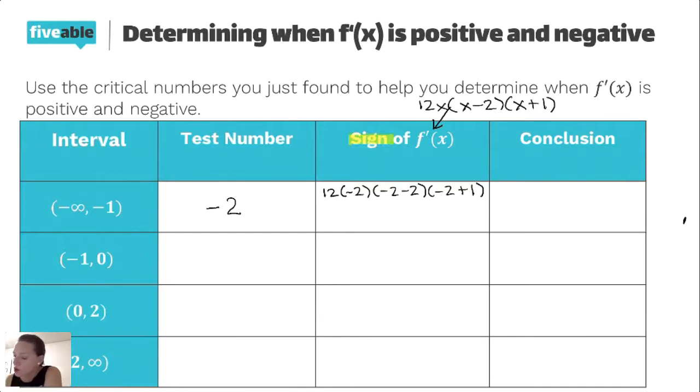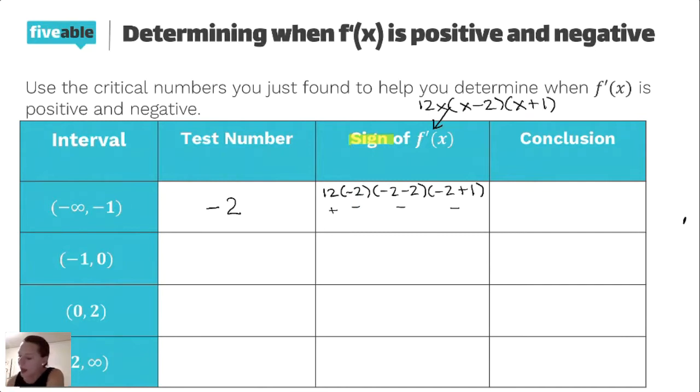12 is positive, negative 2 is negative. Negative 2 minus 2 would give me another negative factor, and negative 2 plus 1 would give me another negative factor. Keep in mind these are all connected by multiplication. So what would a positive times a negative times a negative times a negative give me overall?